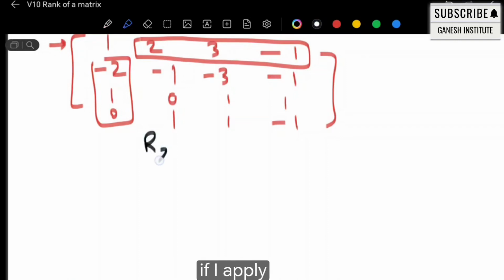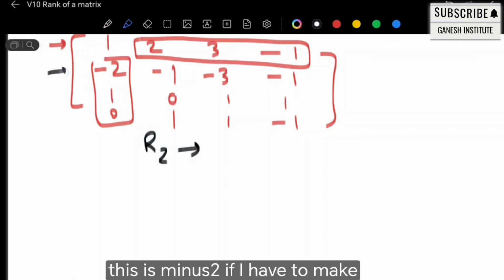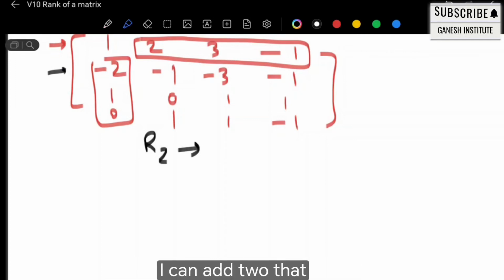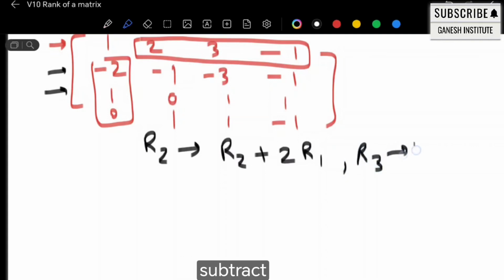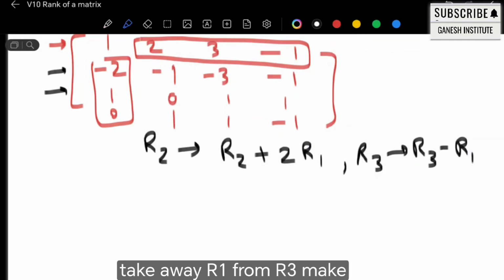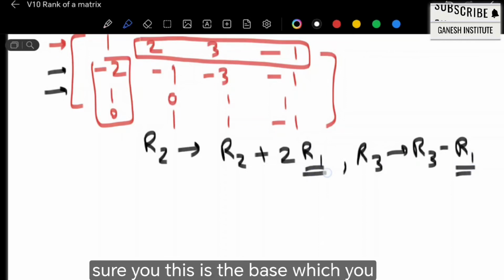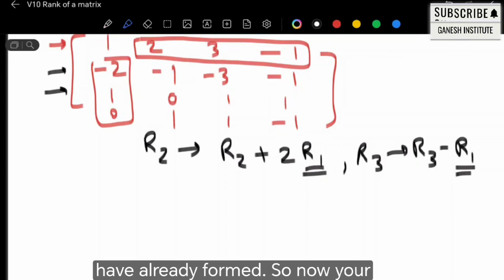This is -2. If I have to make it 0, I can add 2. That means R2 plus 2R1. Similarly, this is 1. If I take away R1 from R3, make sure this is the base which you have already formed.